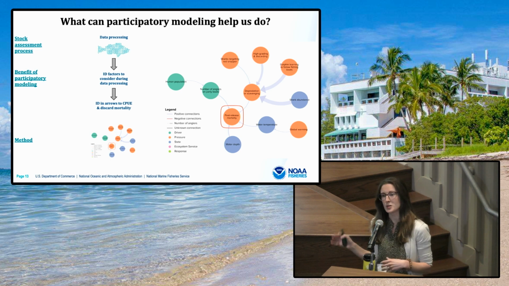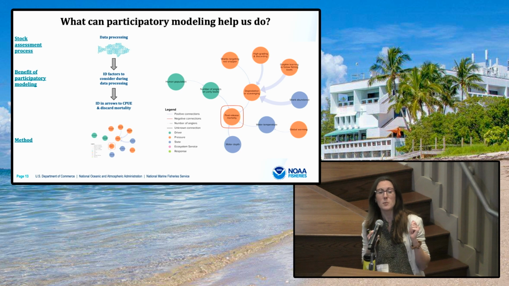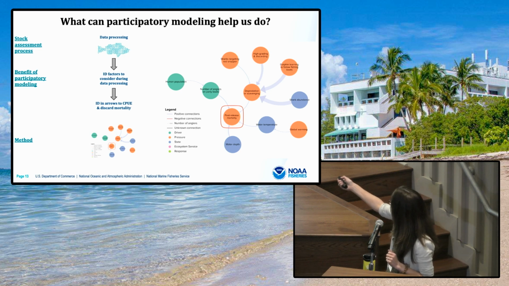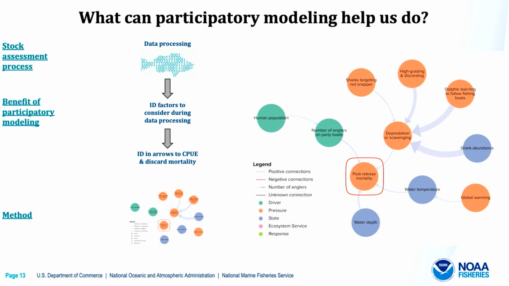But according to these fishermen, depredation in the Gulf has become increasingly common. It's happening a lot. Sharks are everywhere, according to the fishermen, and they're catching all of the fish. So this is a really important node that we need to think about when we're calculating discard mortality, and something that we might not have thought about otherwise if we hadn't had this information from the fishermen.